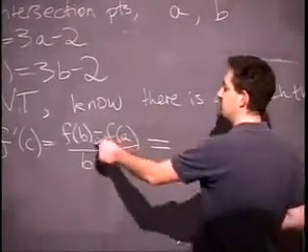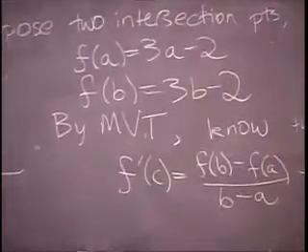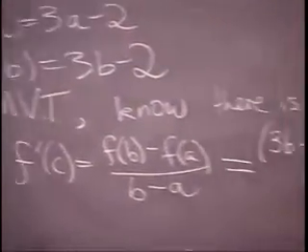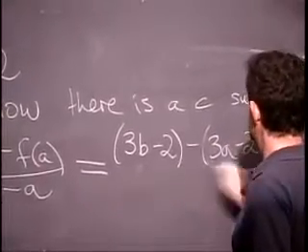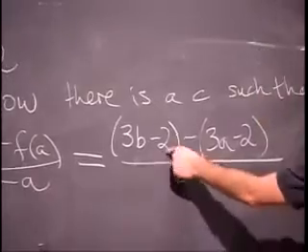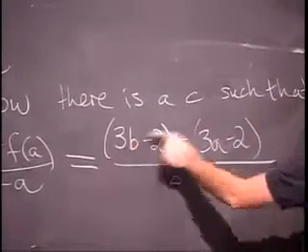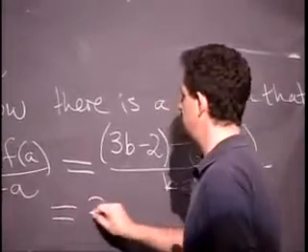Now we can use these equations. We know what f of b is. We know what f of a is. So we'll plug this in. 3b minus 2 minus 3a minus 2, all over b minus a. And if you simplify this, the 2's cancel out. You get 3b minus 3a over b minus a, and this just works out to be 3.